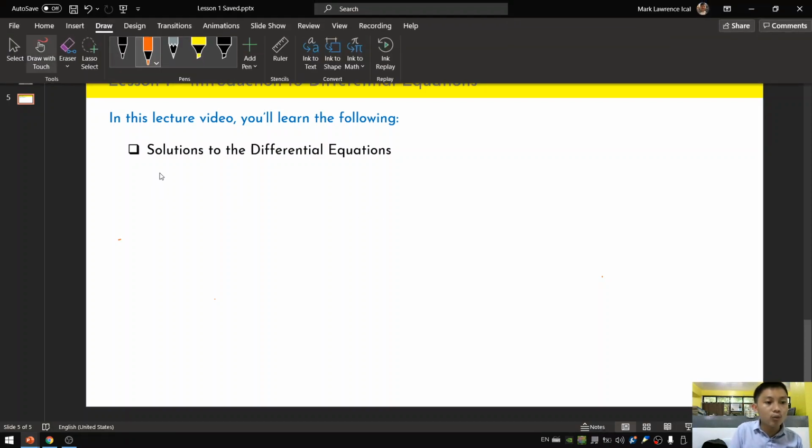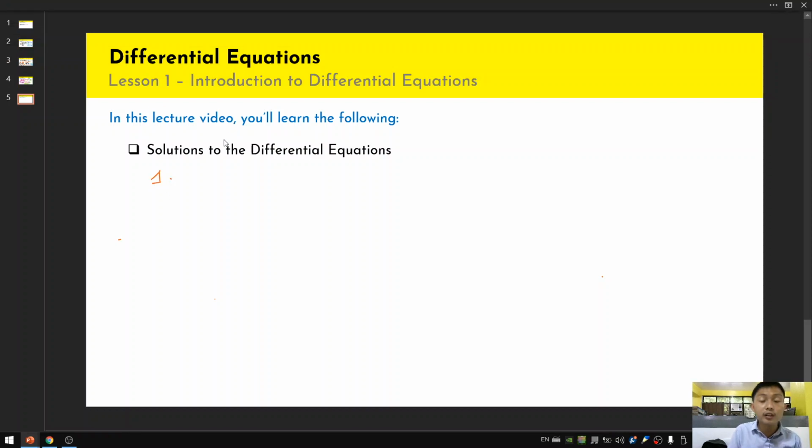Number one, the first thing that you're going to learn is what we call separable differential equation. Then after learning how to do the separable differential equation, you're going to learn the homogeneous differential equation.